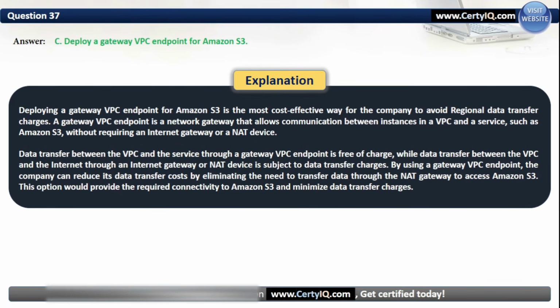Data transfer between the VPC and the service through a gateway VPC endpoint is free of charge, while data transfer between the VPC and the internet through an internet gateway or NAT device is subject to data transfer charges. By using a gateway VPC endpoint, the company can reduce its data transfer cost by eliminating the need to transfer data through the NAT gateway to access Amazon S3. This option would provide the required connectivity to Amazon S3 and minimize data transfer charges.